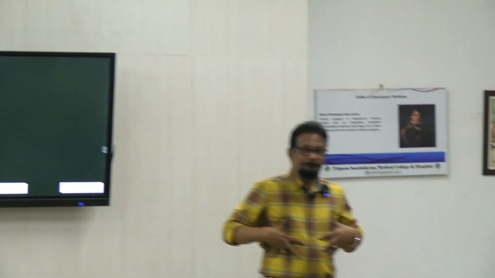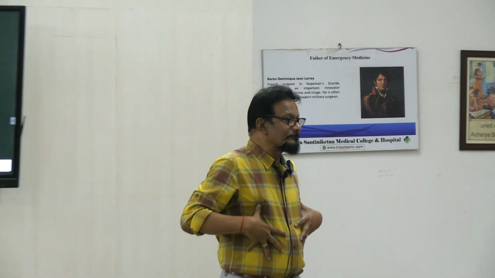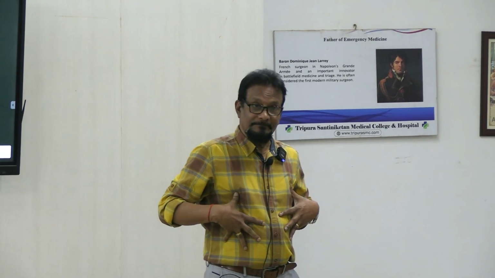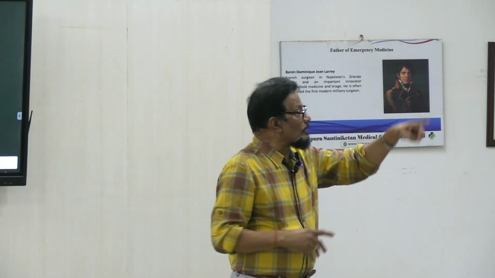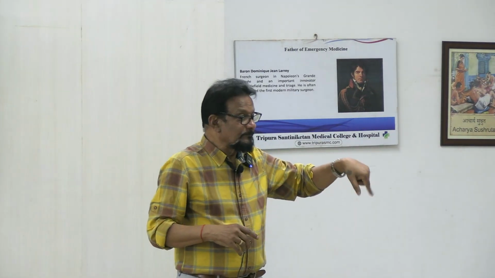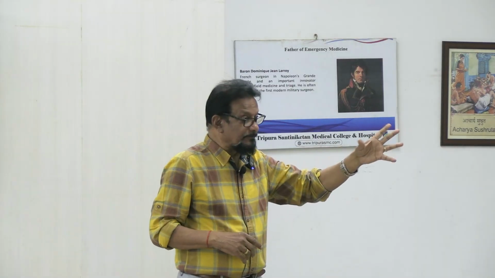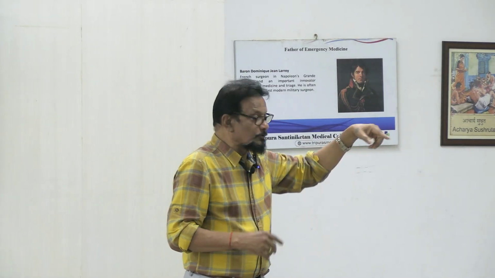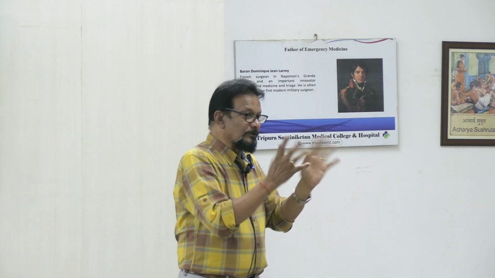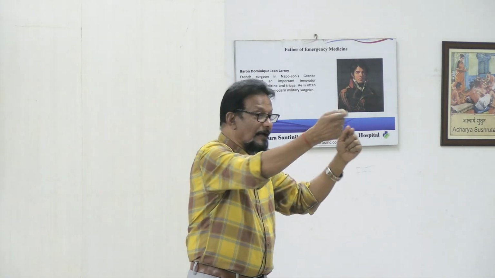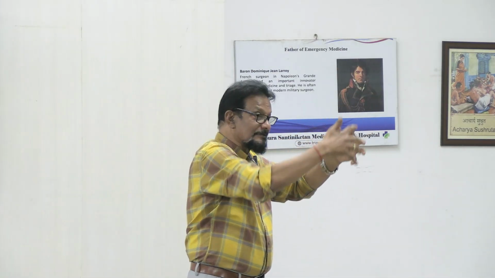suppose I had a heart attack. Some portion of my ventricular wall was initially damaged. Then I survived. Why did I survive? Because this portion got blood supply from other coronary blood vessels.